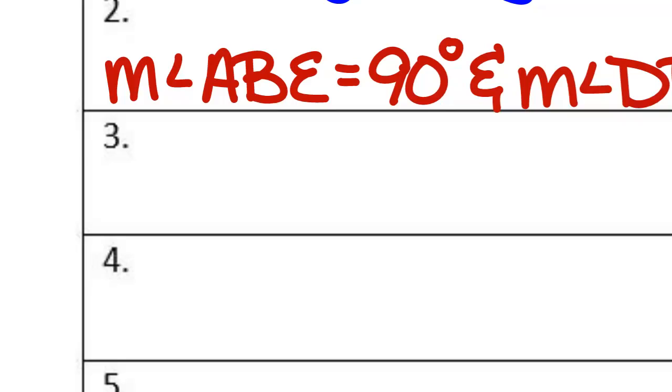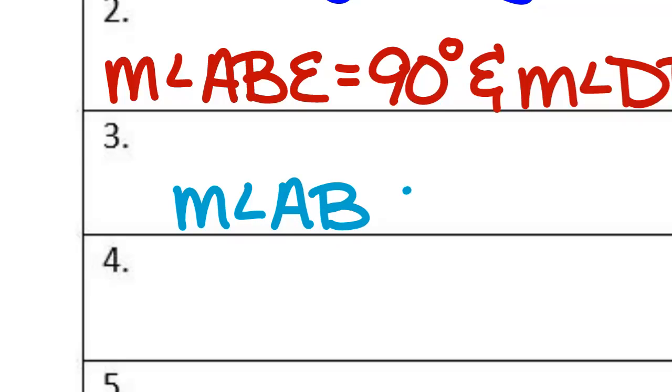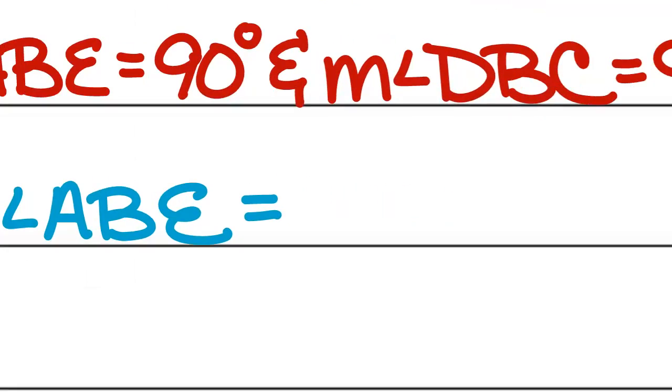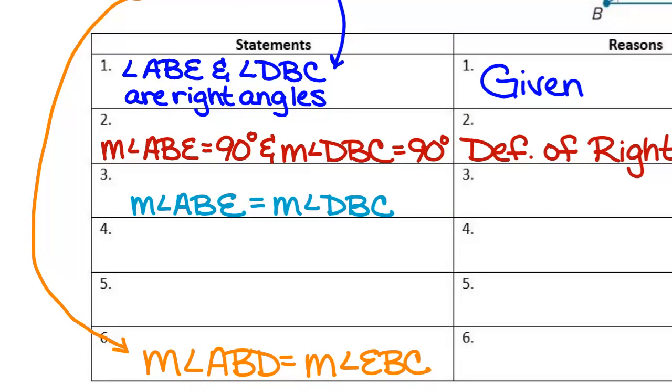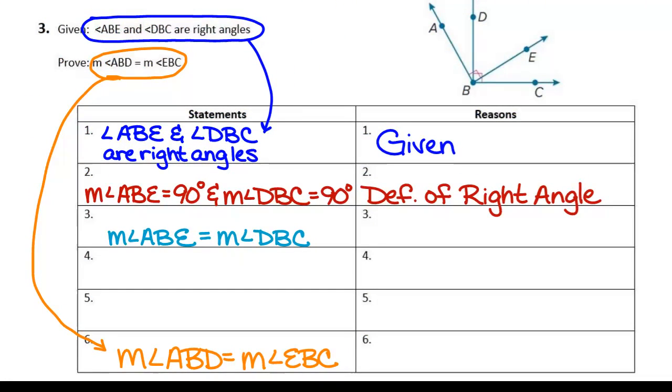So the measurement of angle ABE is equal to the measurement of angle DBC. What are we using to make that statement?